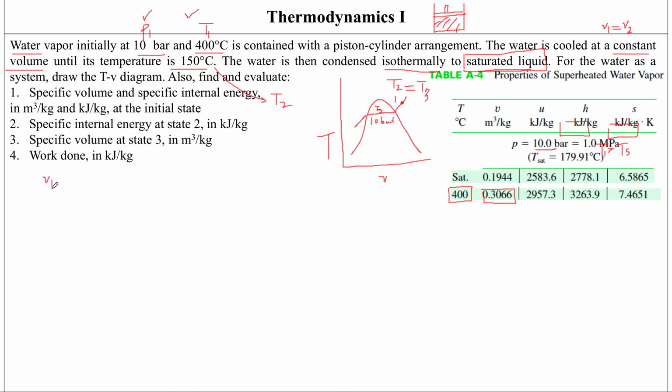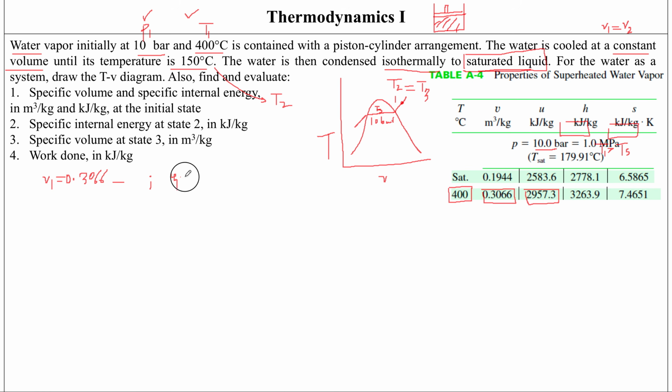So at the initial state, I've got specific volume, which is 0.3066 meter cube per kilogram. So make sure you write the units here. And what else did I have to find? Specific internal energy, and specific internal energy is 2957.3.